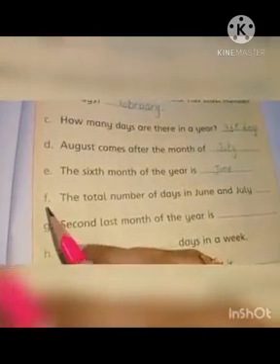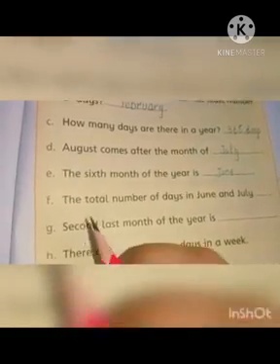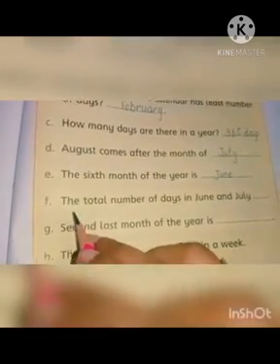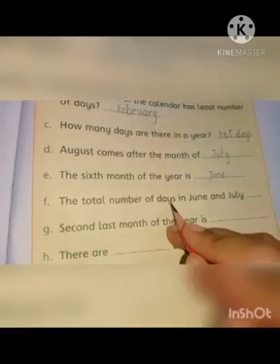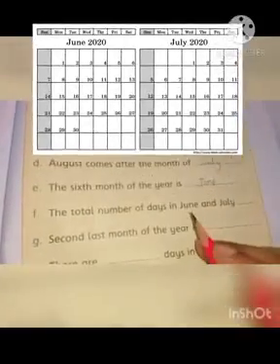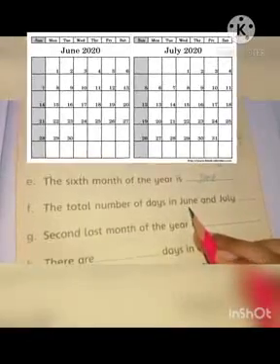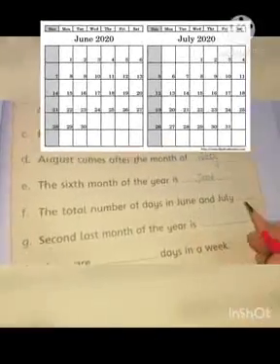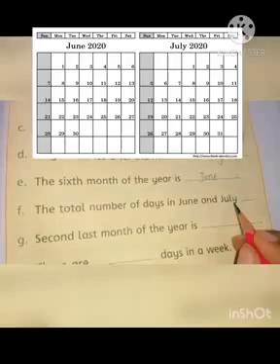Here we have point F. At point F, here we have the question. The total number of days in June and July. Students, June has 30 days and July has 31 days.